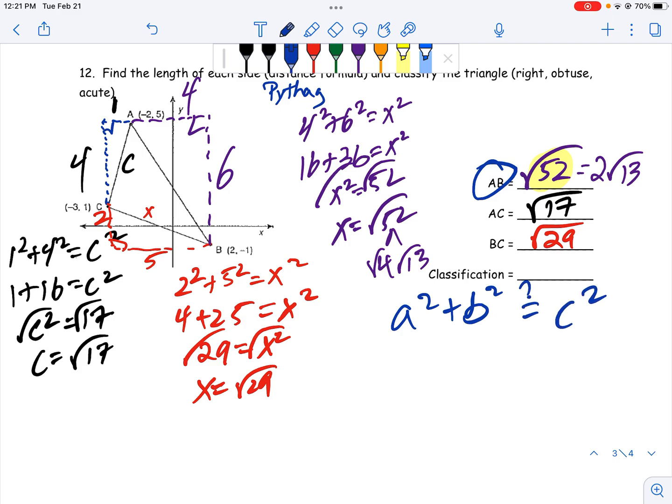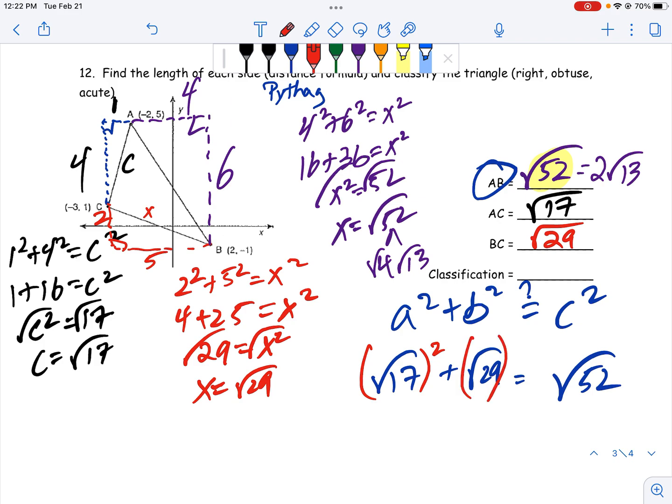Well, root 52 has to be my c, and then 17 and 29 go here. 29 and 17 are interchangeable as a and b. All right, and let's remember that all 3 of these numbers are squared. And when we square a square root, they cancel out.